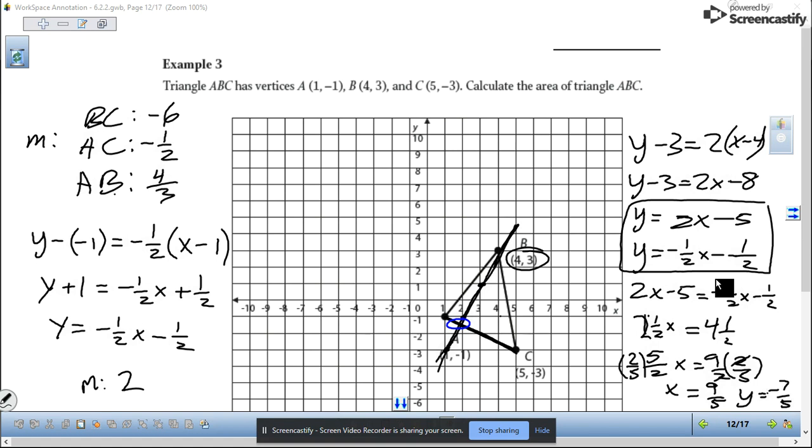So here's what I need to do now. I need to use my points to find the distance that would be the height. And then I have to calculate the distance for the base and go from there. So I'm going to do that in the next video because I'm sure I'm running short on time.